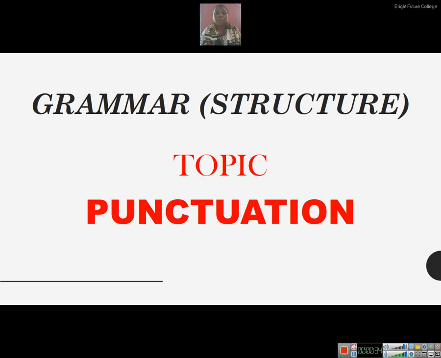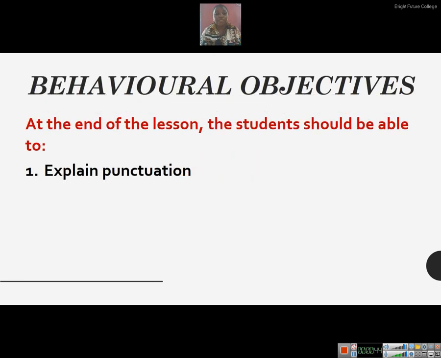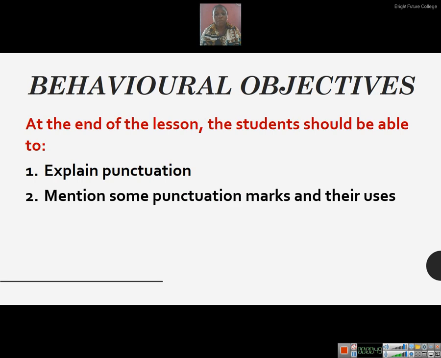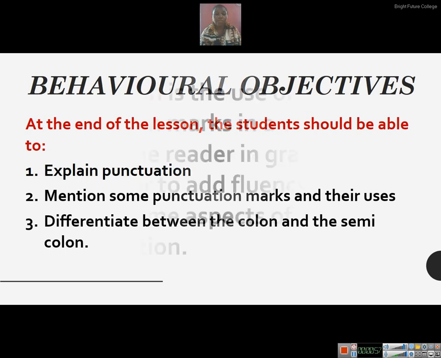So we'll be talking about some of these marks we use in writing essays that are called punctuation marks, and also their uses. At the end of this lesson, we should be able to explain punctuation, mention some punctuation marks and their uses, and then also differentiate between the colon and the semicolon.